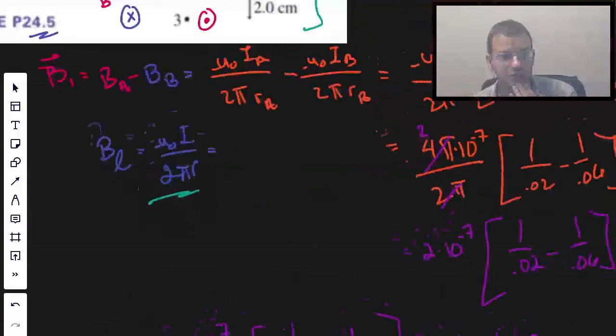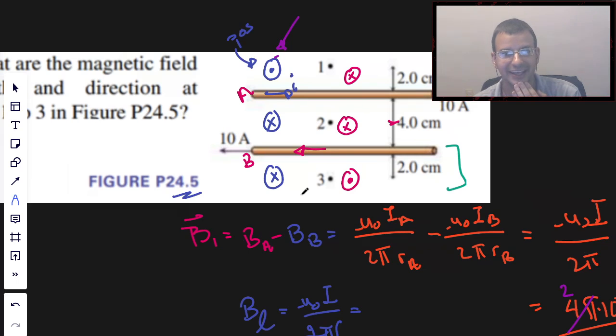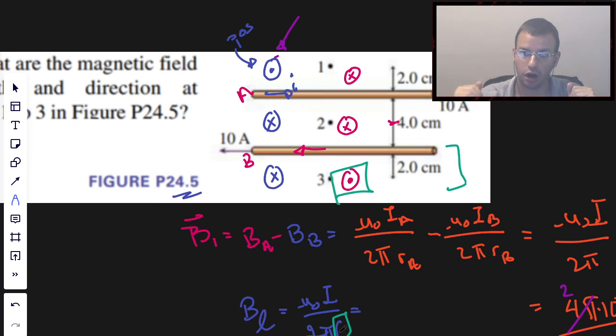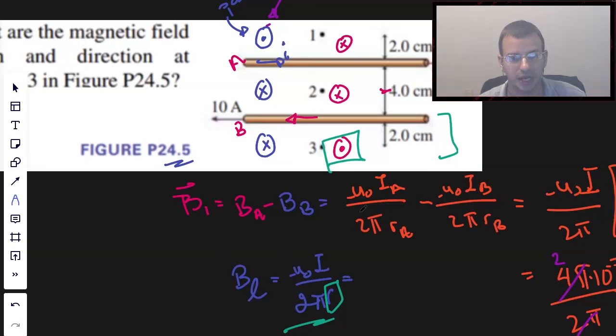And this time, though, it's going to be into the page because the bottom wire is going to be stronger than the top wire. The reason why the bottom wire is stronger is because they both have the same current going through them, so that's not going to be the determining factor. But the bottom wire is closer, so it's going to have a smaller radius. And since you're dividing by a smaller r here, dividing by a smaller number gives you an overall bigger number. That's why the bottom wire is going to dominate.